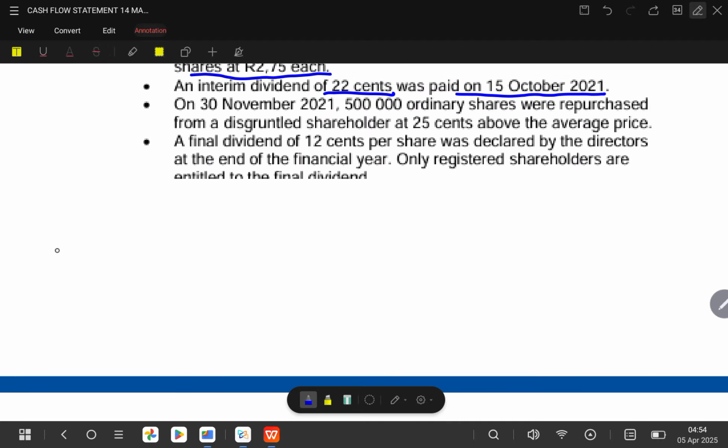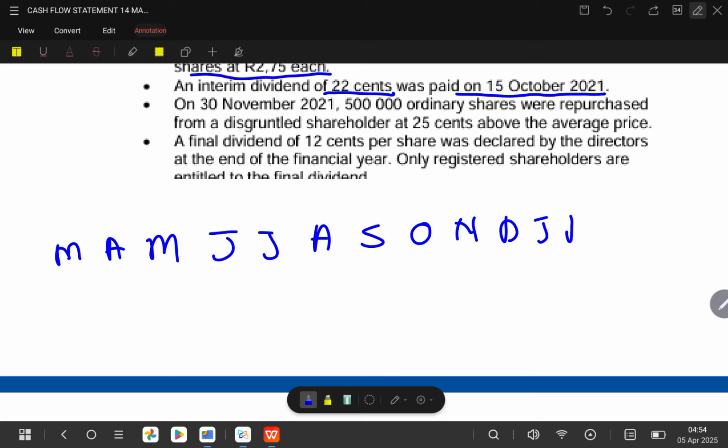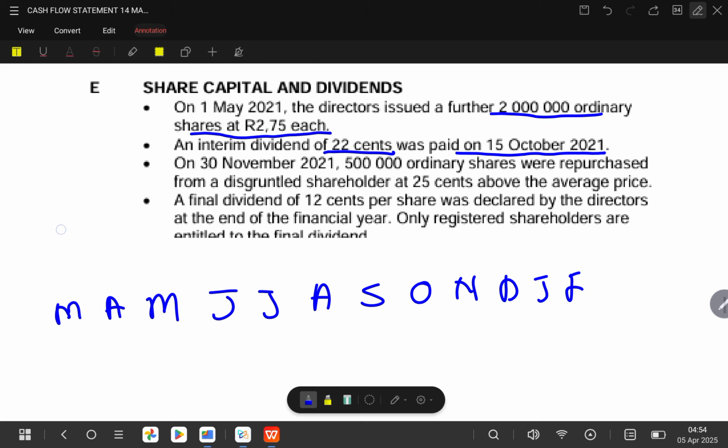So we'd have March, April, May, June, July, August, September, October, November, December, January, February. Now remember, they said in May they issued a further 2 million shares. So May is here, so it's going to be plus 2 million. We need to know that.